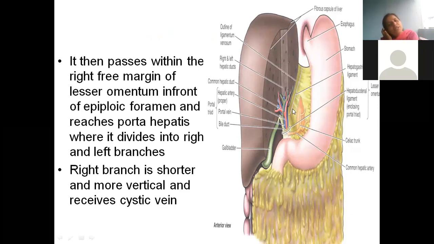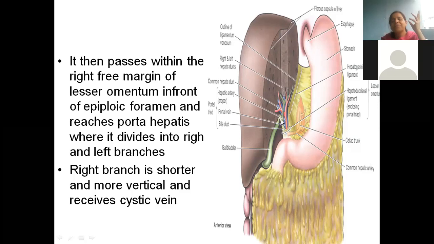The area in front of the greater and lesser omentum, I told you, is greater sac. The area behind the stomach and lesser omentum and greater omentum, I told you, is lesser sac. The communication point you see at the right free margin of lesser omentum, you call it as epiploic foramen or foramen of Winslow.